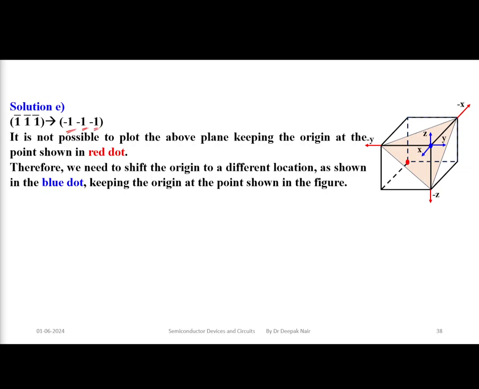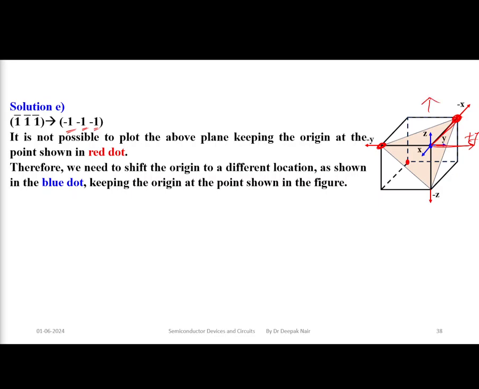So minus 1, minus 1, minus 1. In the x-axis, it is moving towards minus 1. So this is the minus axis, and this is the point on the x-axis. Similarly, moving in the minus y direction, this is your minus y because this was your plus y. Similarly, minus z.